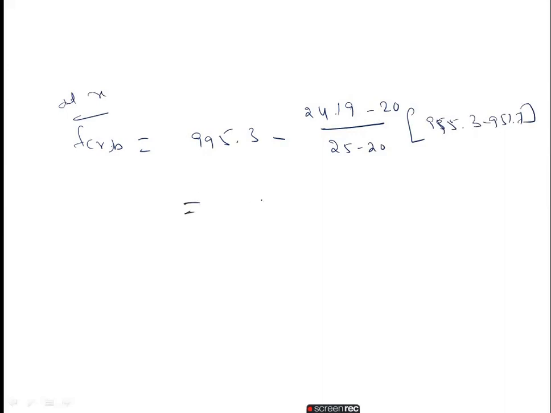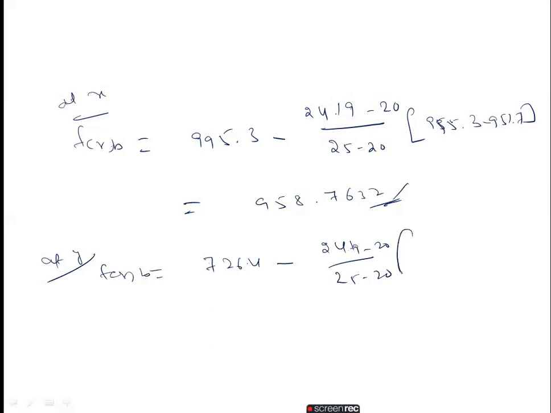Like this you have to calculate. You will get 958.7632. Next, at Y the fcrb equals 726.4 minus (24.19 minus 20) by (25 minus 20) into (726.4 minus 685.6). So you will get the value 691.37.